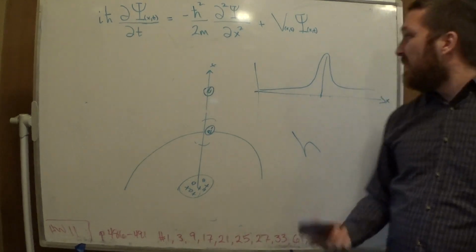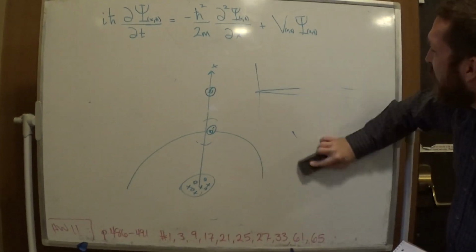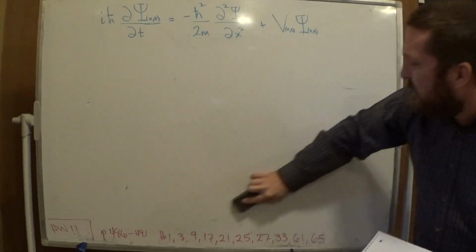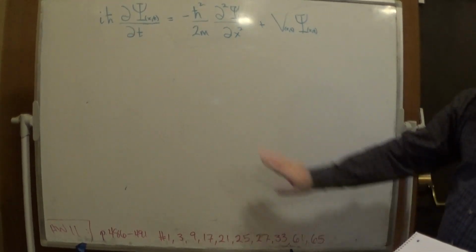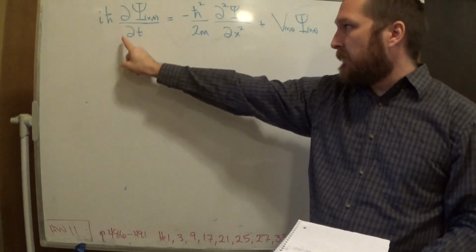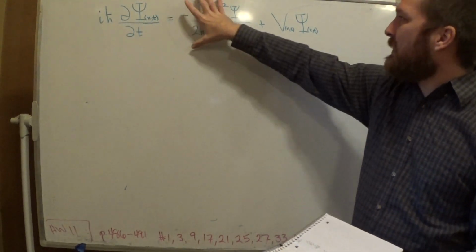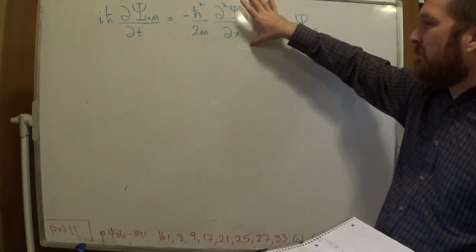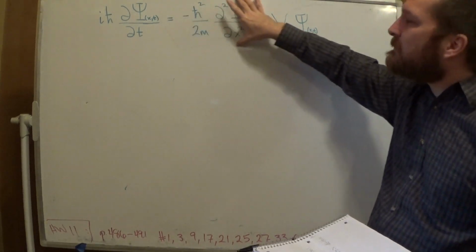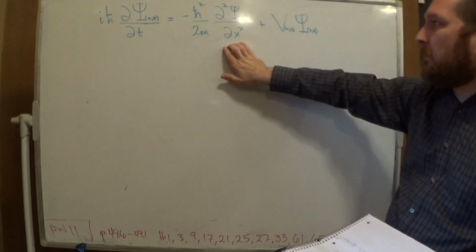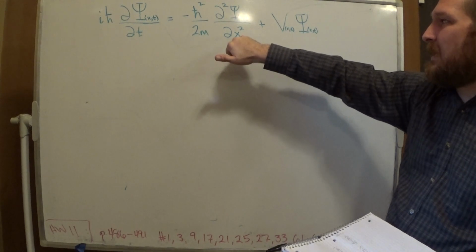And what this is, and this is kind of interesting, is, like I said, this is the speed of where that particle is supposed to be. This right here is kind of like the momentum of the particle with respect to where it is.